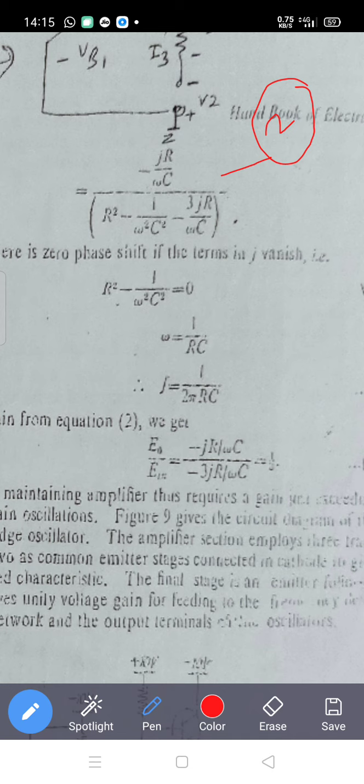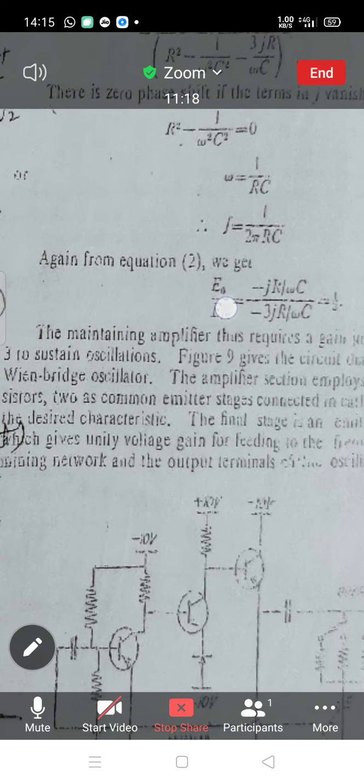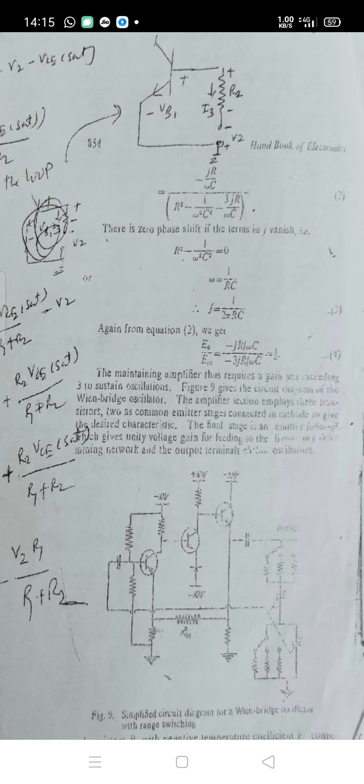So what you get is equal to 1 by 3. So the maintaining amplifier thus requires a gain just exceeding 3 to sustain oscillation. Now figure number 9 gives the circuit diagram of the Wein oscillator.